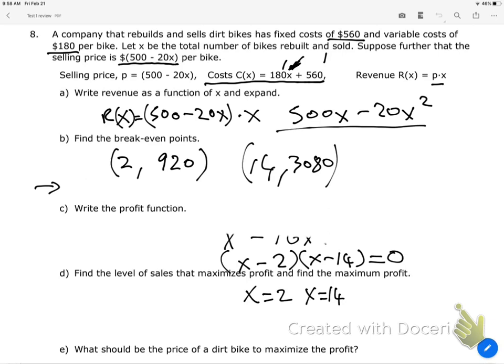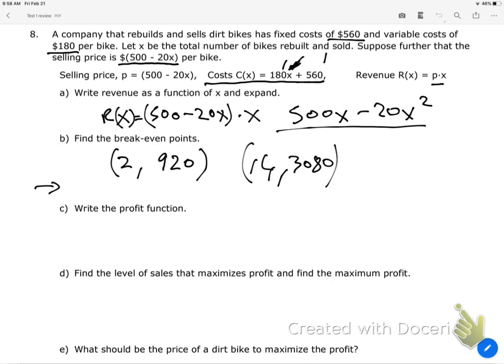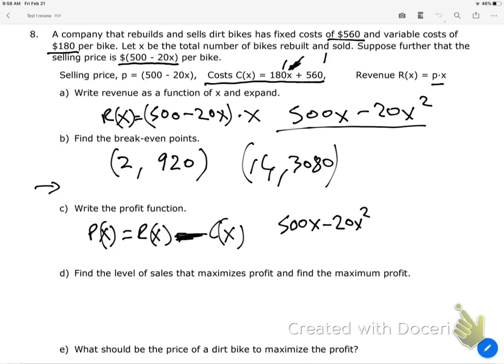Right, let's look at the profit function. Remember, profit is just revenue minus cost. So what was our revenue up here? Remember, it was 500x minus 20x squared. That was our revenue. Take away the costs, which was 180x plus 560.